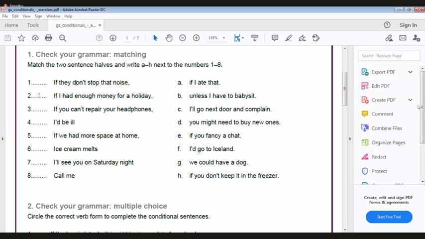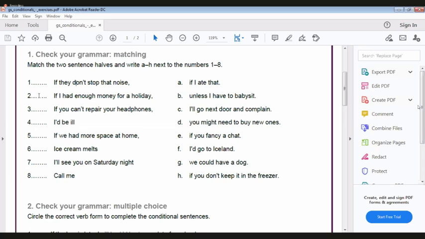Second one, if I had enough money for a holiday, Himansa, I would go to Iceland. So what is the conditional, Himansa? Second conditional, good.